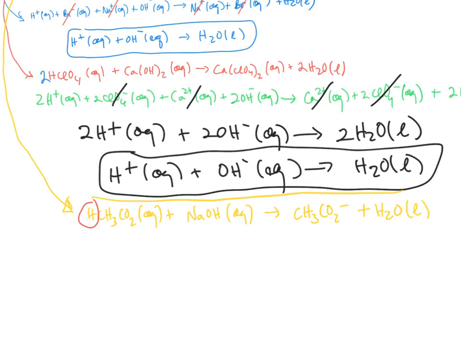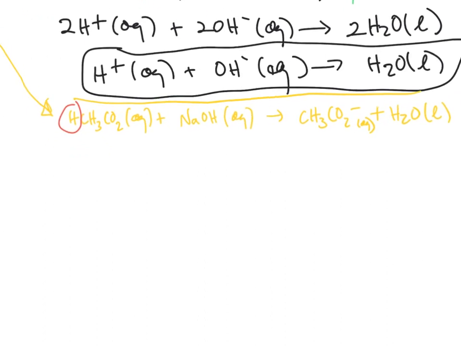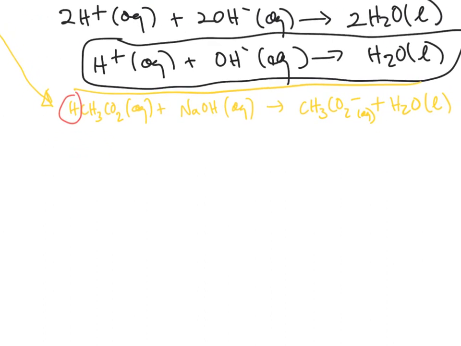Liquid, this is aqueous, like that. All right, so if you got rid of the acetate on both sides and the sodium on both sides, you would end up with H plus OH minus forms H2O. But I wanted to show you the structure on the acetic acid to show you this unique system.